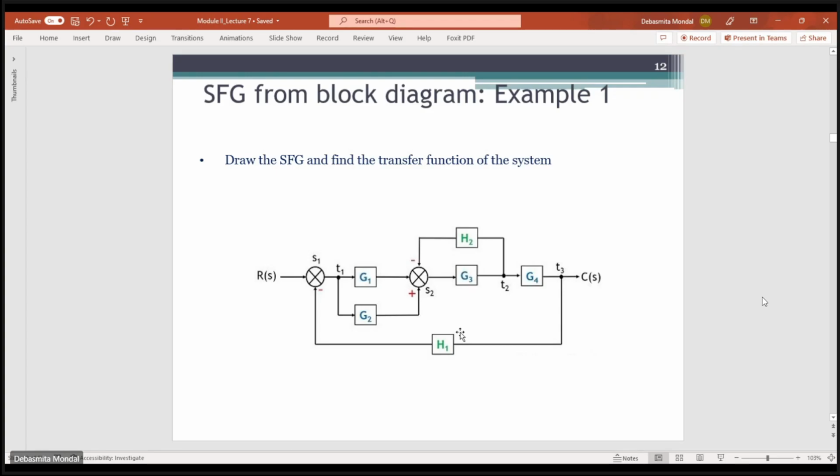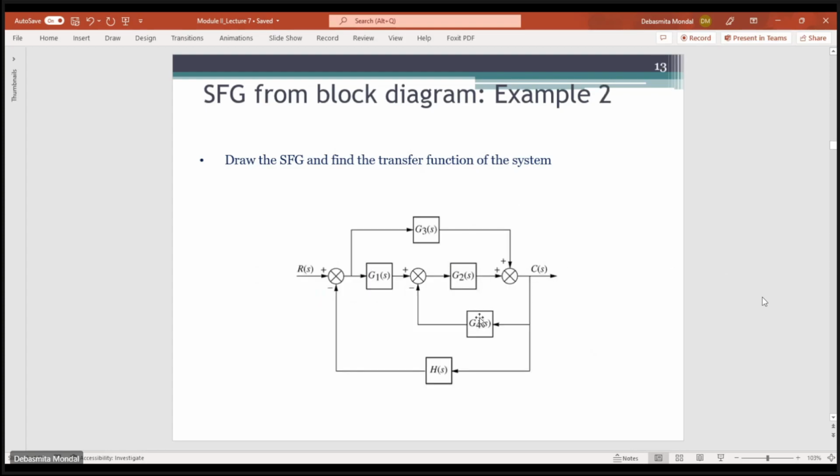So you draw the signal flow graph and find the transfer function using Mason's gain formula. Then in the next step, you do block diagram reduction, find the transfer function from that also, and see whether the two results match. Ideally they should match. If they don't, there has been some mistake in one of the two calculations.